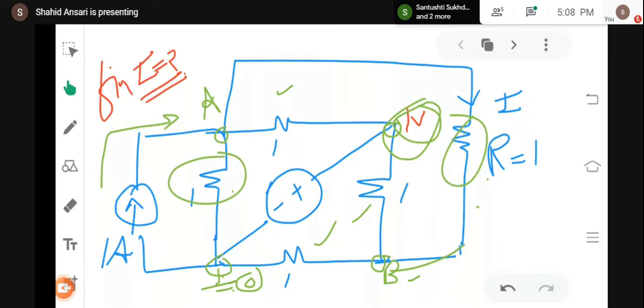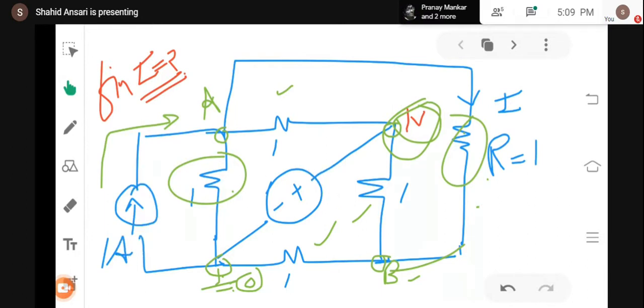Now the second method to find the power dissipated in the network. We know total power dissipated equals total power absorbed, and we have only 2 sources in this particular network. So the first method is to find the power dissipated in all the passive elements and then add. Or you can find the same value from the power delivered by this source as well as this source, meaning the total power delivered by both sources.